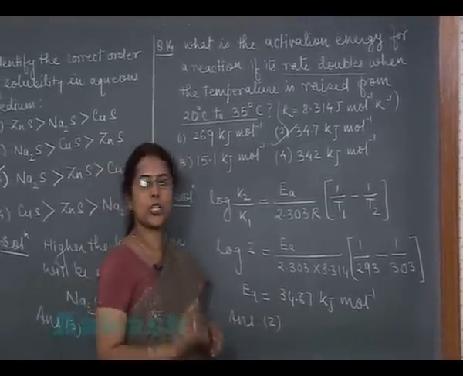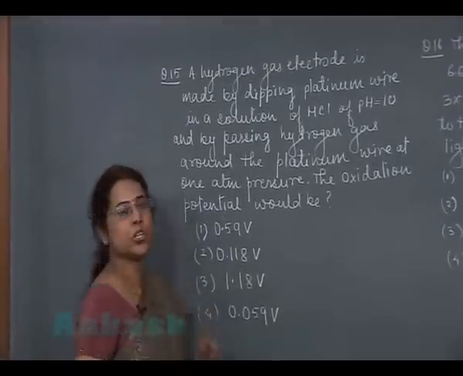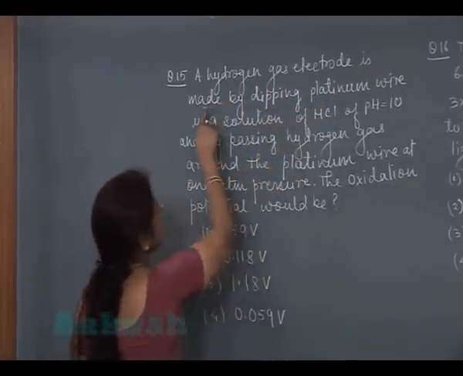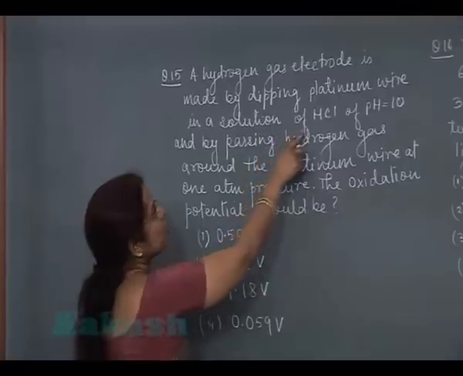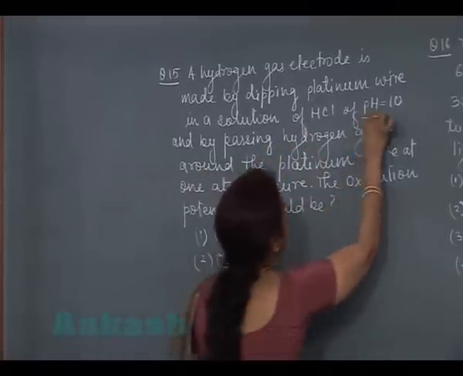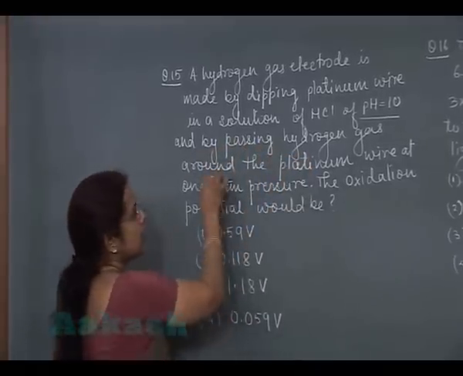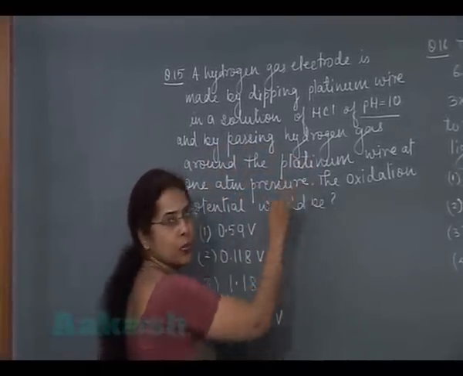Next question is question number 15. Let's see the next question. Question number 15. A hydrogen gas electrode is made by dipping platinum wire in a solution of HCl of pH 10 and by passing hydrogen gas around the platinum wire at 1 atmospheric pressure.